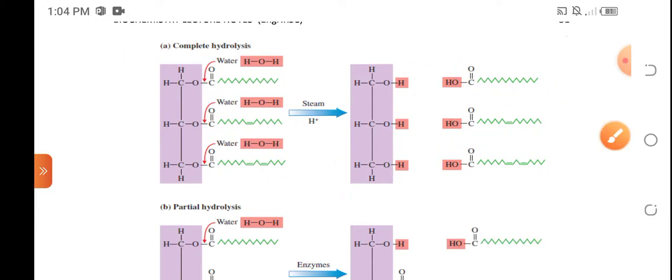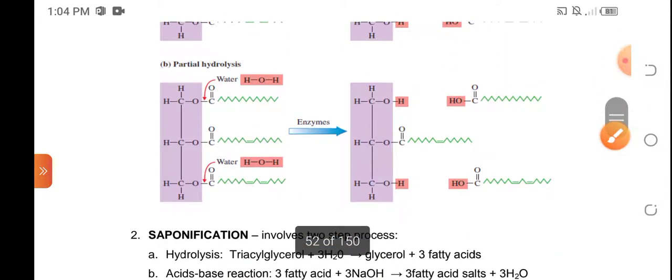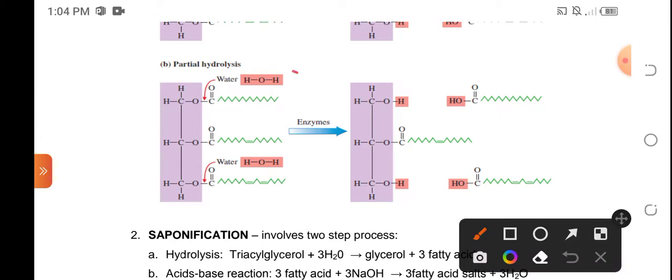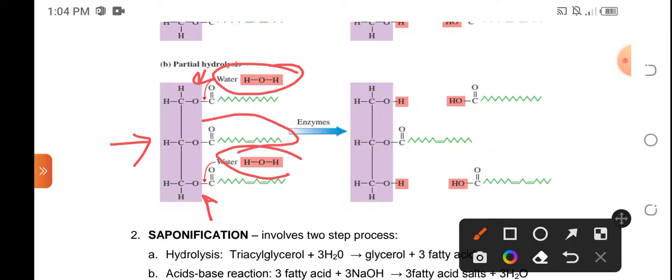Okay? Now, for partial hydrolysis, which is common for digestion, we will only be using two water molecules that will break the first and the last ester linkage on this triacylglycerol. So the middle part will remain and hindi siya mabibreak.